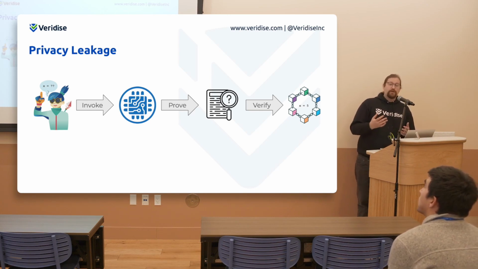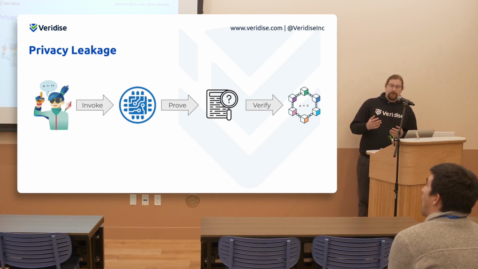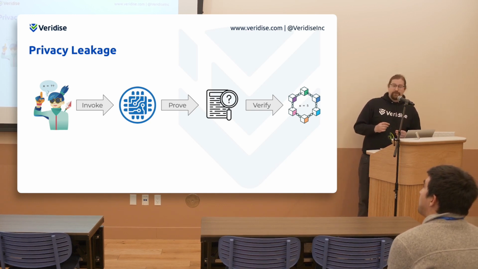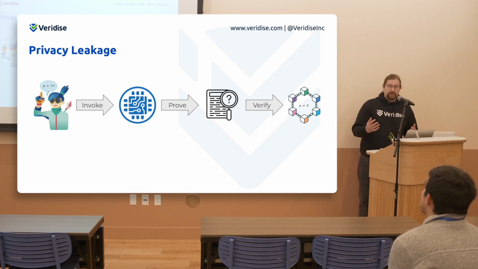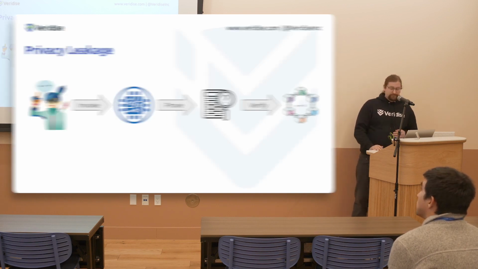And we've seen a lot of errors here where people accidentally leak information in a couple of different ways. And so I'm going to have Kostas take over and talk about some of the ways that we've seen people leaking information in their zk circuits or their contracts.